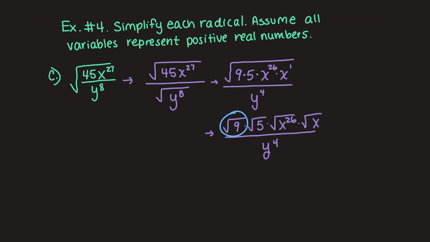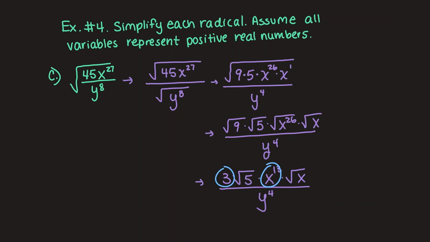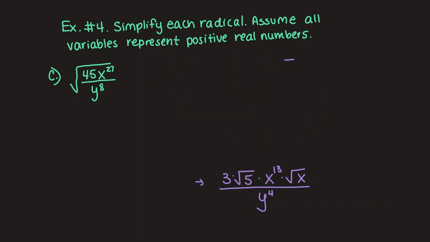So the square root of 9 is 3, the square root of 5 is already simplified, the square root of x to the 26th is x to the 13th, and the square root of x is already simplified. And then rewrite this so that our non-radicals are written first, and use the product rule on the radicals to write them as one. So this simplifies to 3x to the 13th times the square root of 5x over y to the 4th.